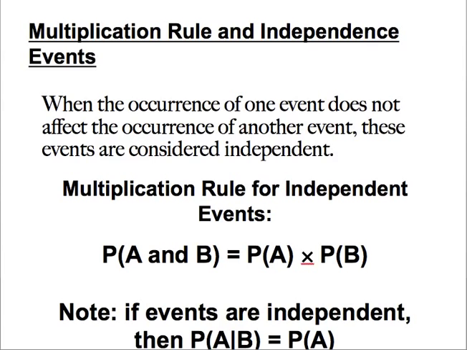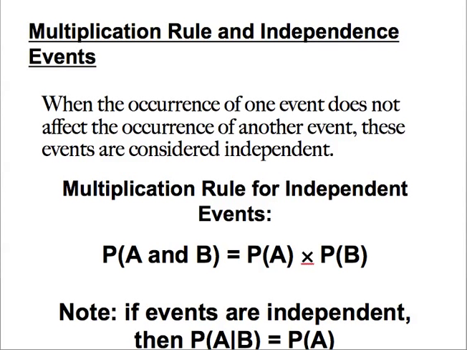Okay? But if you had replaced the marbles, selecting the second marble would be independent of what you chose before. Now, if the events are independent, then the probability of A and B is equal to the probability of A times the probability of B. Okay?